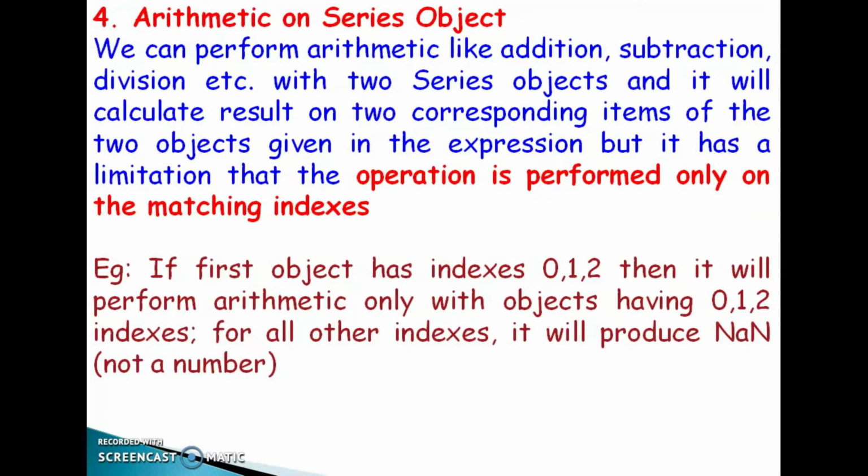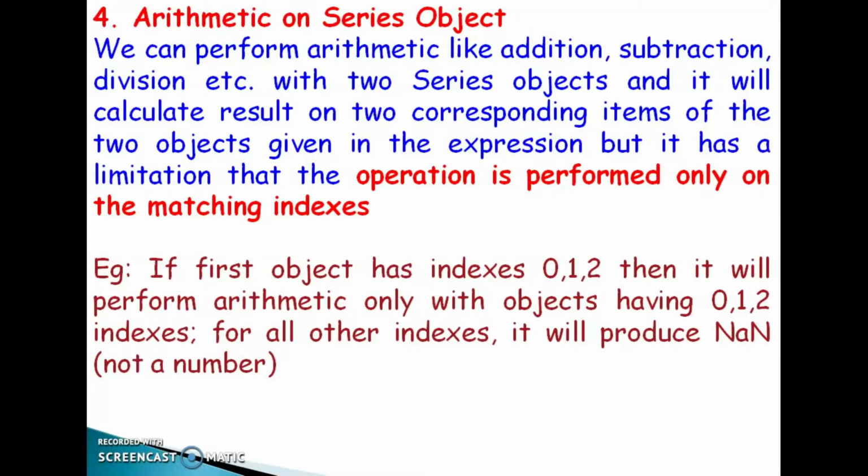Okay, but it has a limitation. The operation is performed only on the matching indexes. Two series objects are there. If these two series objects have the same indexes, then only we can perform the arithmetic operations on these two series objects.